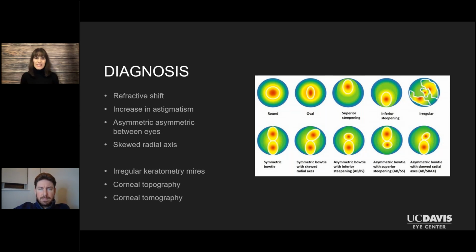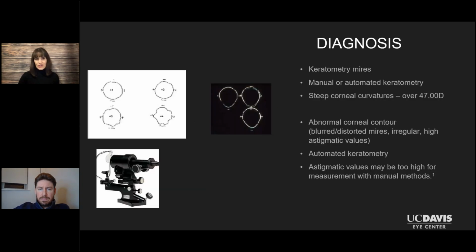And if you're finding these things like irregular mires, and we do this on autokeratometry, you can look for irregular mires, then please send your patient to have imaging done. And you might want to send them out if you don't have it, but I would encourage you definitely to do more testing if you're suspicious for keratoconus.